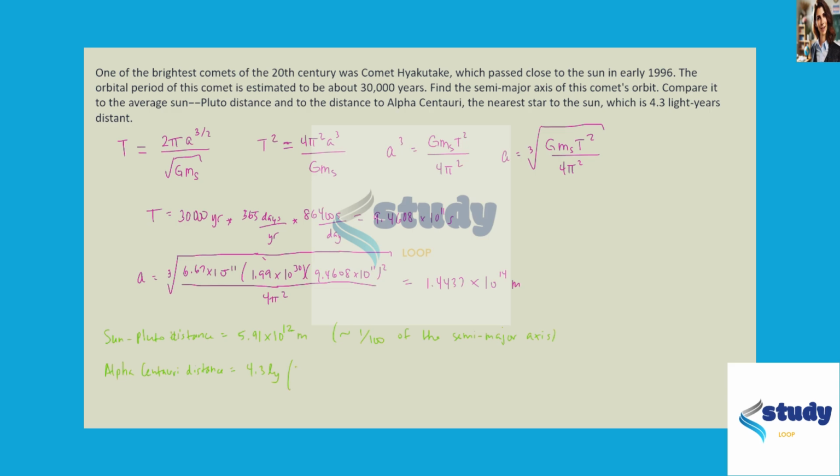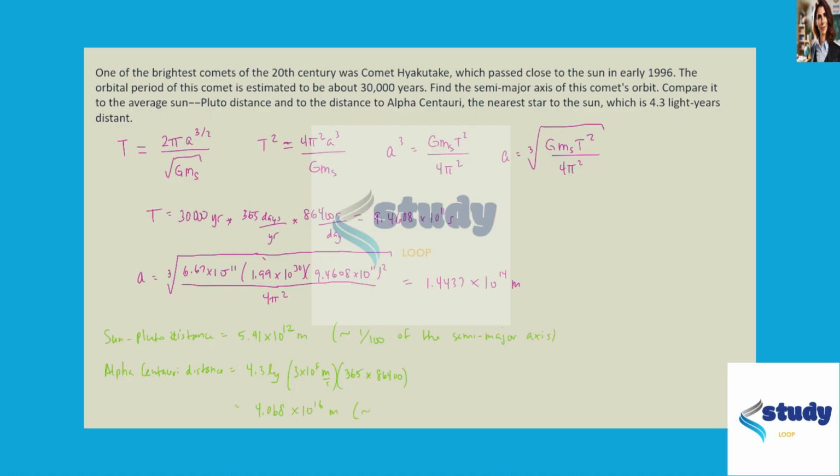So we'll multiply by 3 times 10 to the 8th meters per second, and again, we'll do that same 365 days per year times 86,400 seconds, which you can get by taking 24 by 60 by 60. And I got that distance to be 4.068 times 10 to the 16th meters.